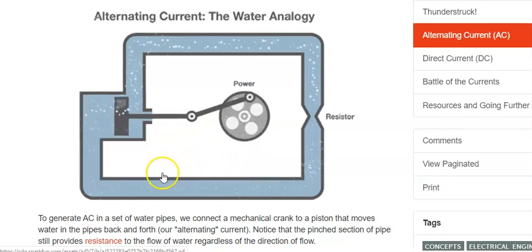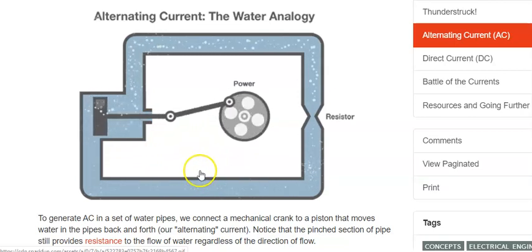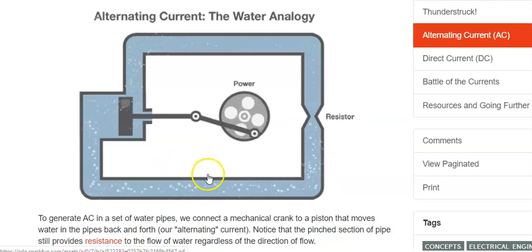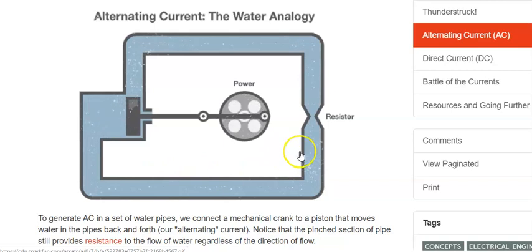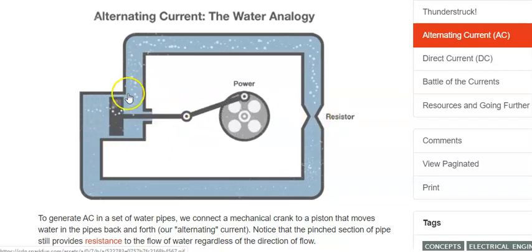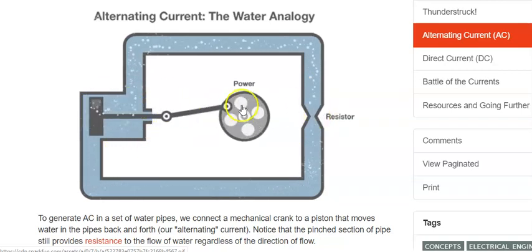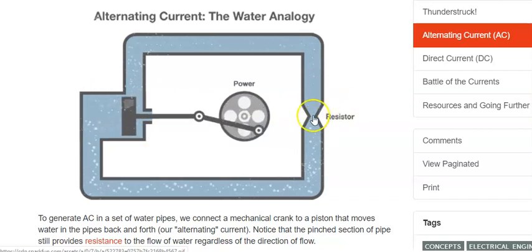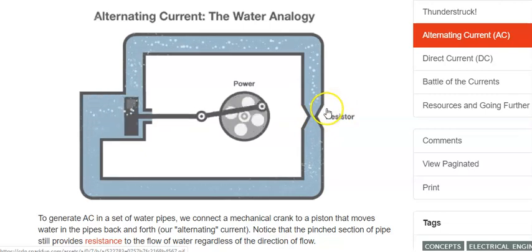Really, one individual water molecule is not traveling around the whole circuit like direct current. It's just going back and forth, but the energy is still being transferred from the power source to the resistor. So AC current still transfers energy.